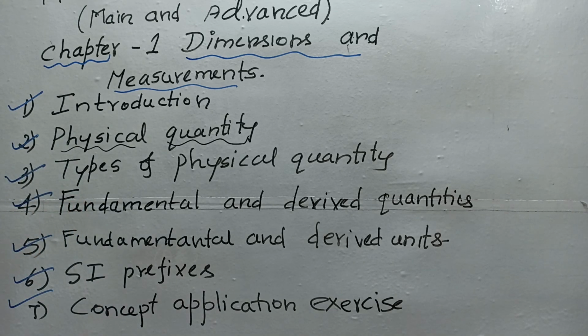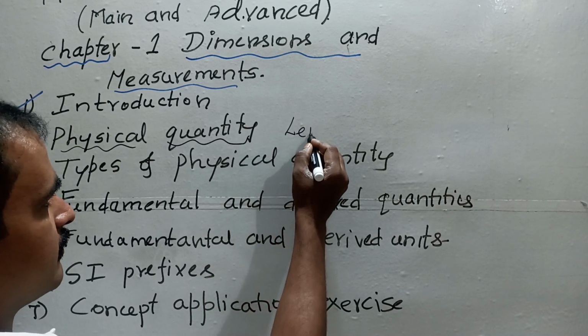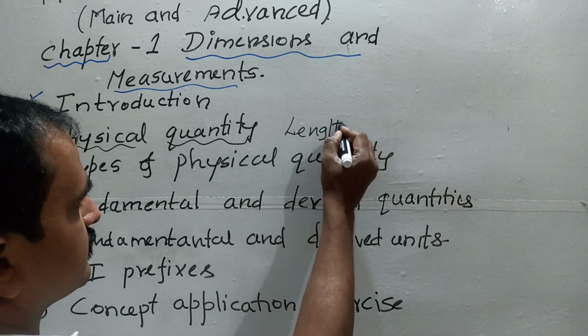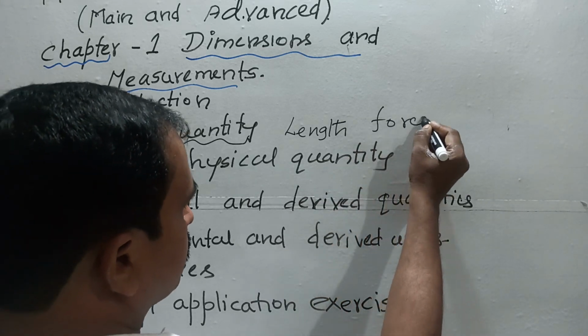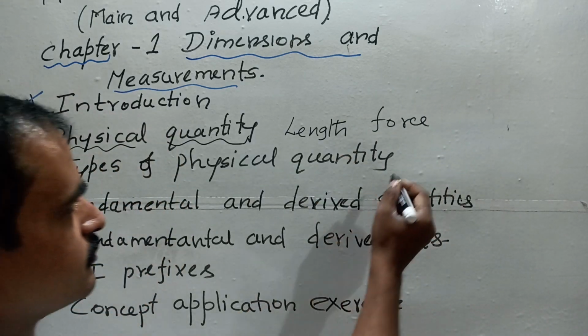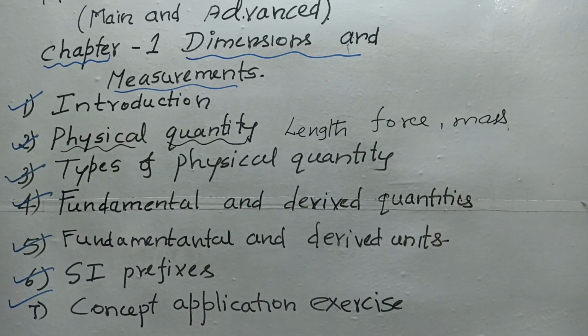For example, length, mass, time, force, all these are measurable physical quantities. It may be a length, you can measure the length, or it can be a force, you can measure the force, it can be a mass, you can measure the mass.